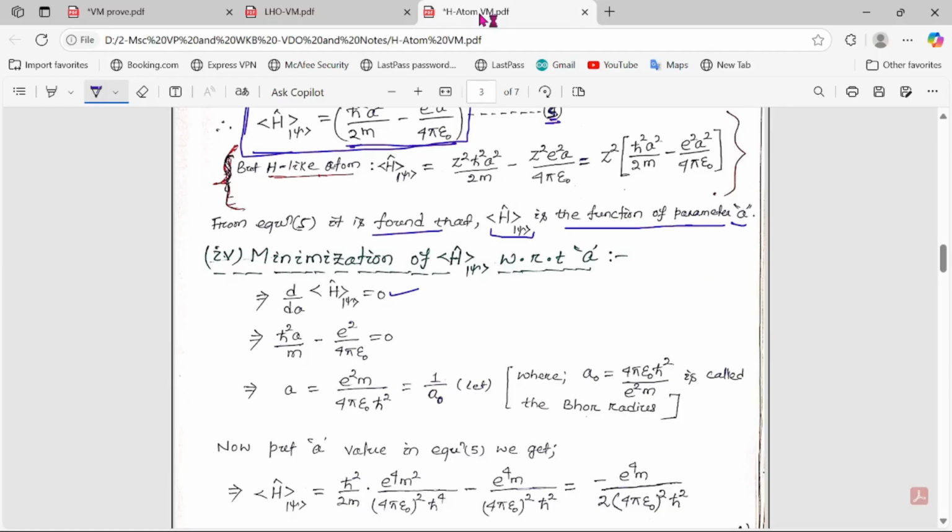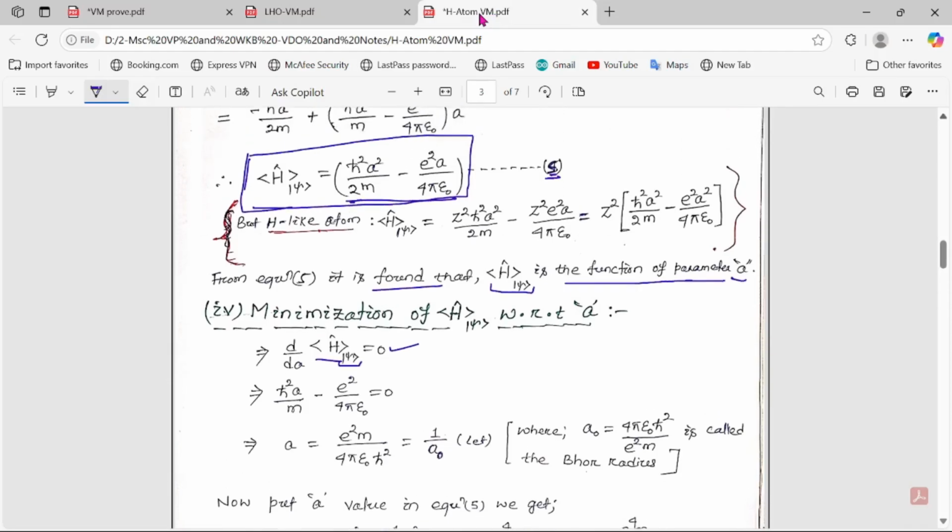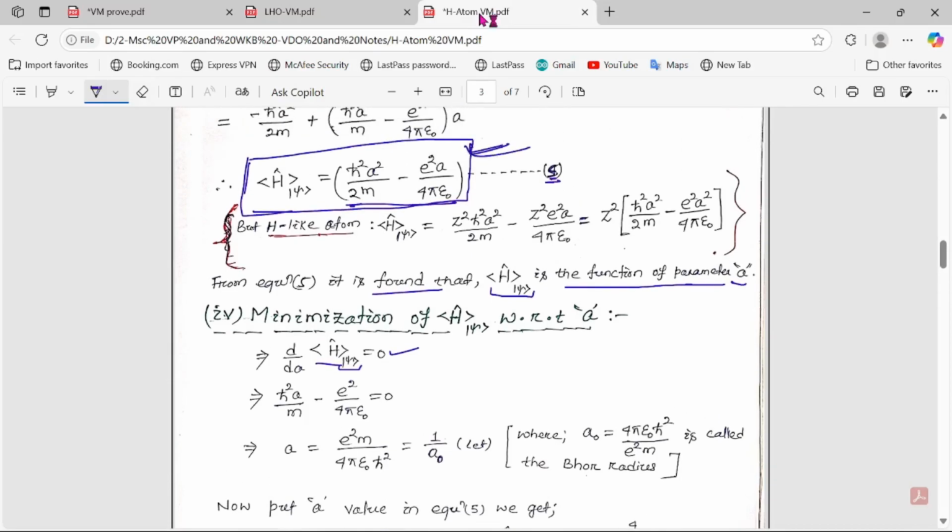Okay, so if I differentiate the expectation value of the Hamiltonian with respect to a, the first term will be h bar squared by 2m, which is constant, and a squared will give 2a. So 2 got cancelled, and we get h bar squared a by m. Got it? In the second term, a is there. With respect to a, if I differentiate, we get e squared by 4 pi epsilon naught, equating to 0.